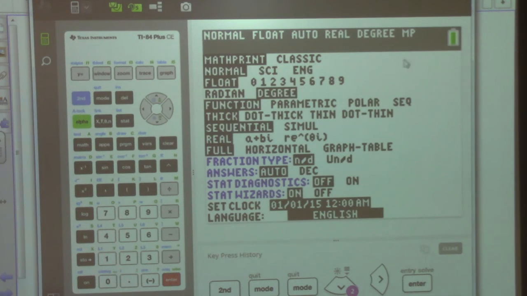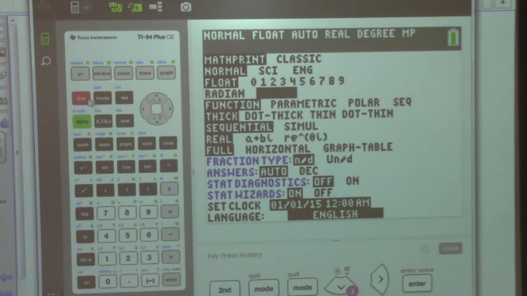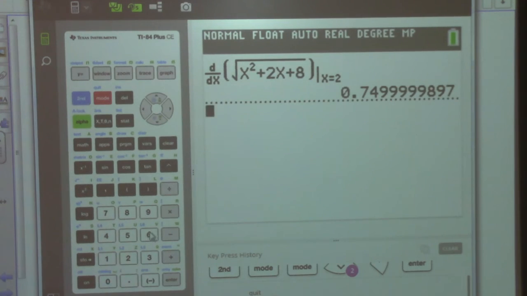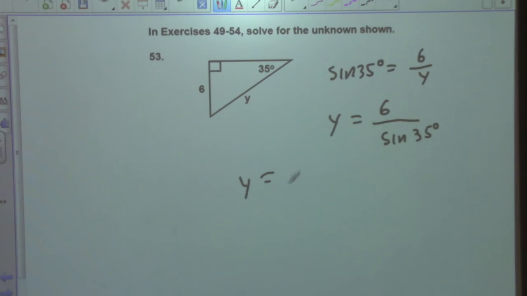So I have y equals 6 over sine 35, 6 divided by sine 35 degrees. So 10.461, does that look right? So I'll put approximately equal to... No, I rounded up the 6. It was 8. 10.461.